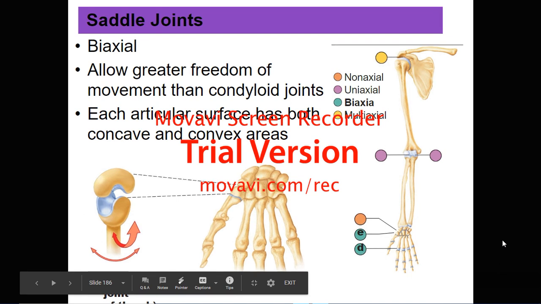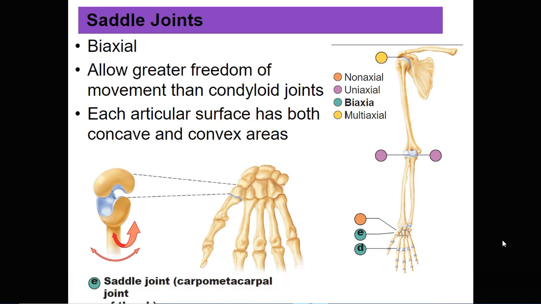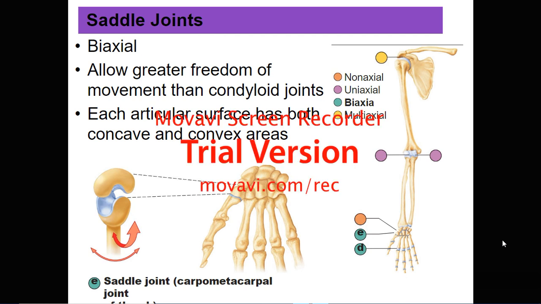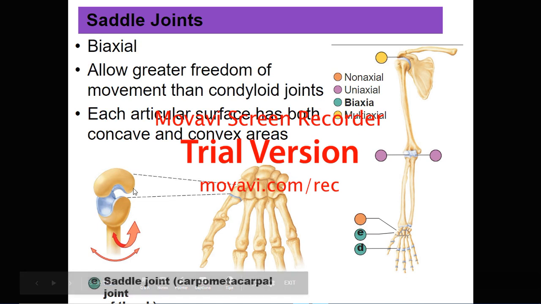With your saddle joints, this is again biaxial movement. So you have flexion, extension, adduction, and abduction. But the articular surfaces are both concave and convex. You see how concave and convex right there.